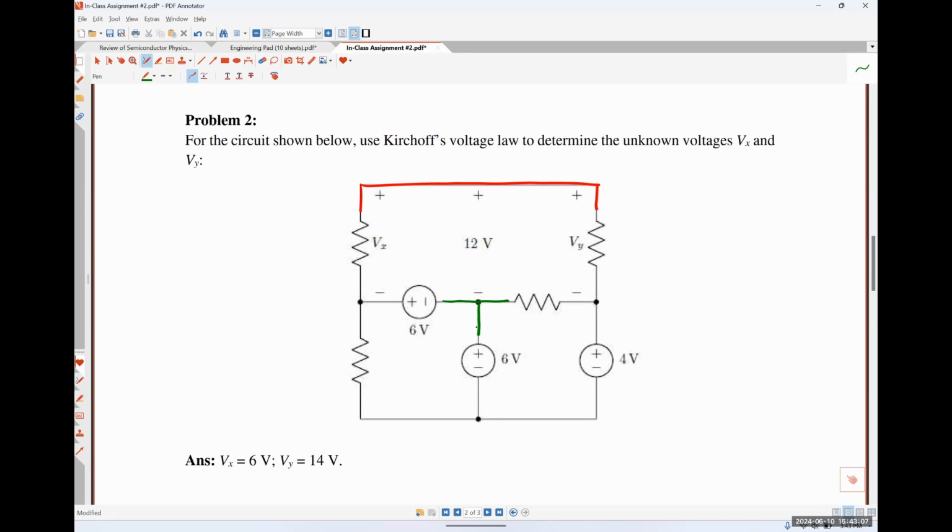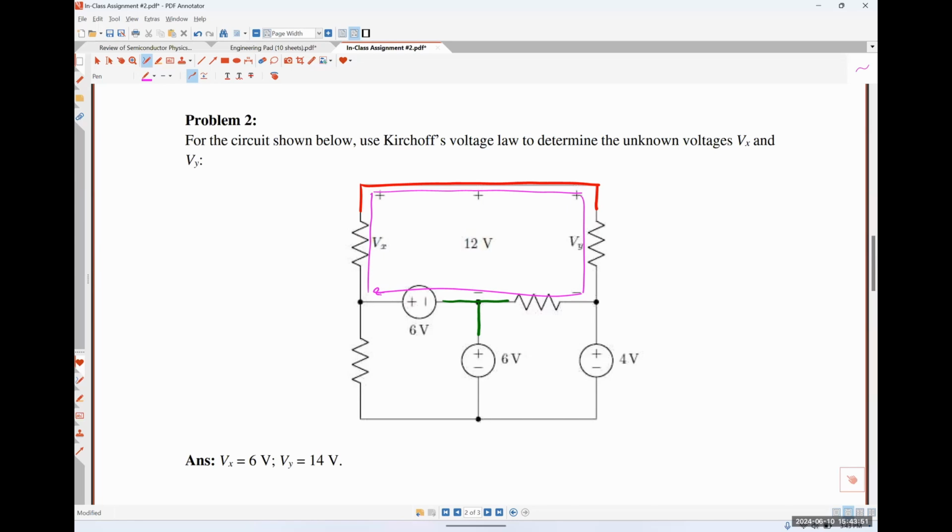Okay? So the key to answering a question like this is finding a closed path that contains the unknown that we want and making sure that it's the only unknown quantity in our path. So I'm going to identify several different paths here. So this is a closed path.